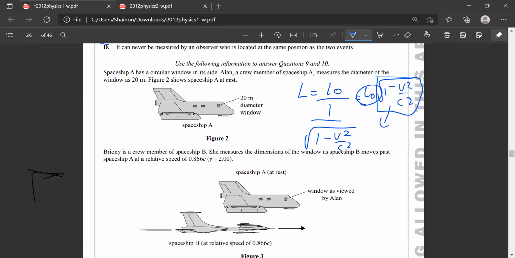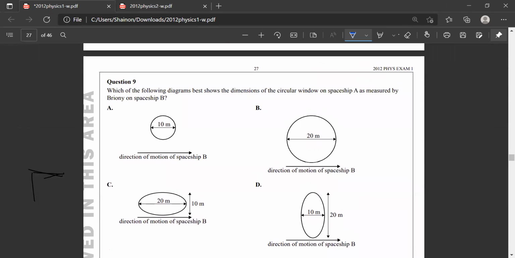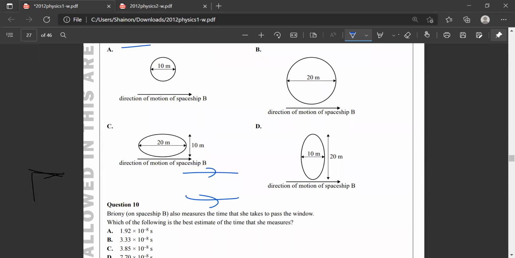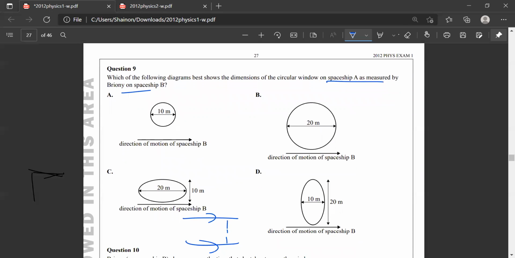Spaceship S, look at the window. Oh, they gave you this value. So it's traveling from here to here, and then here. The contraction is always parallel.